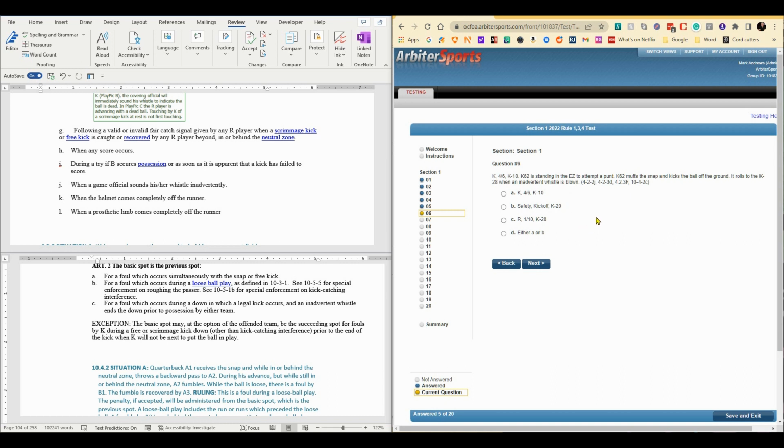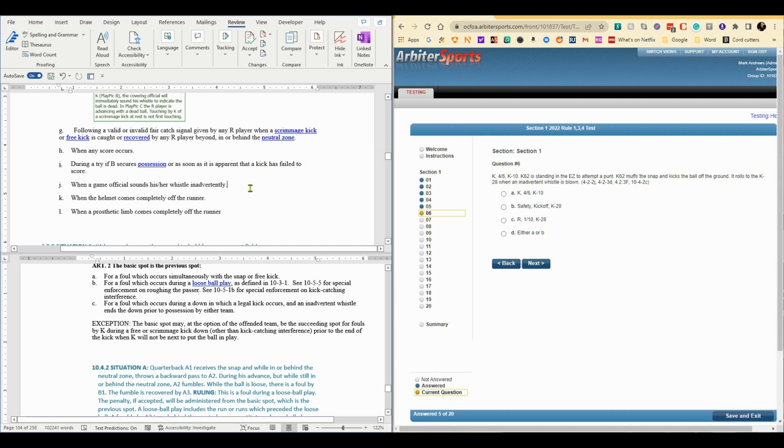Why? Okay, so this is a question that I like and I don't like because it confuses people. This is the ball is dead rule, and the ball is dead when a game official sounds his or her whistle inadvertently.